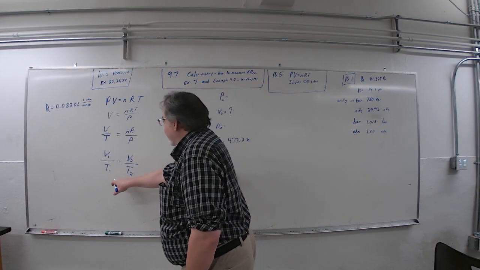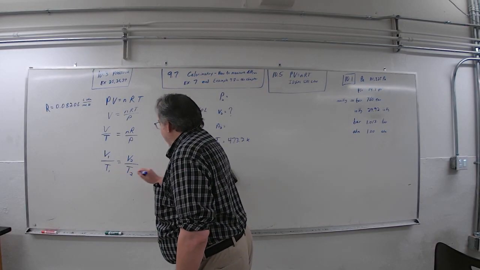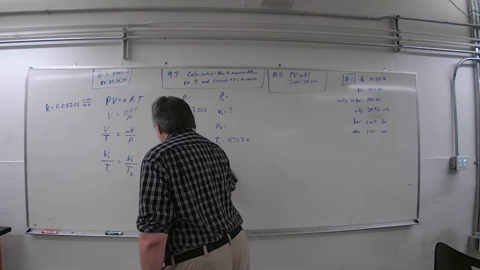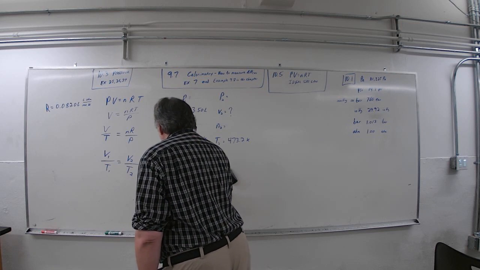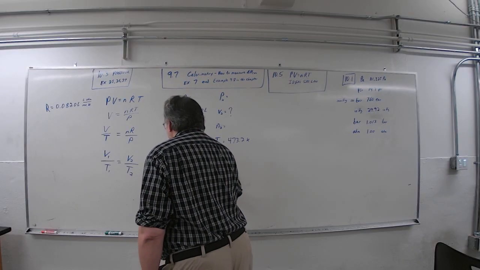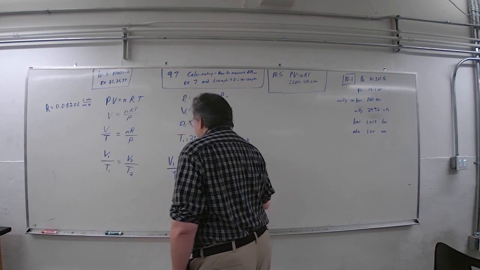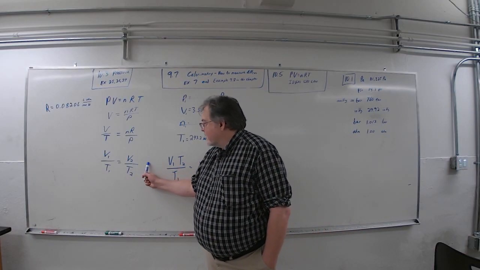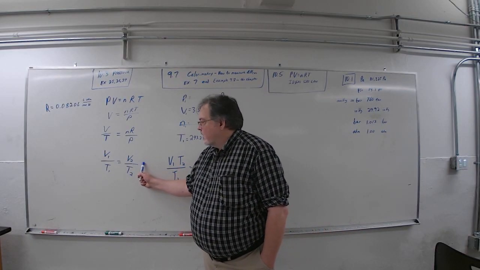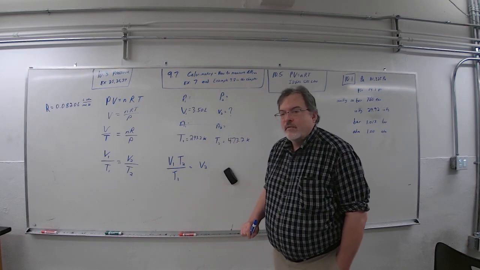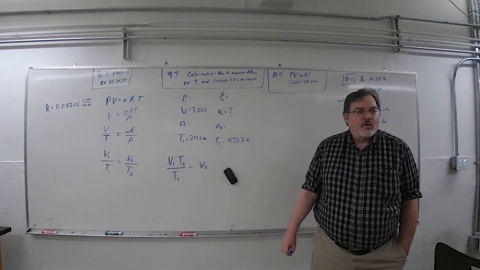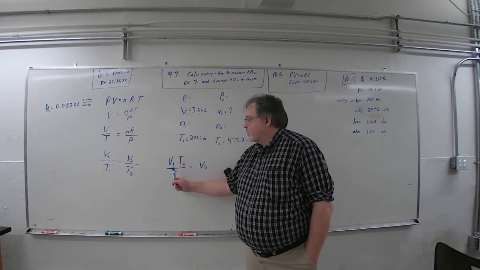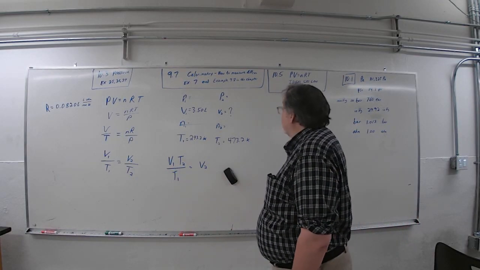So I'll multiply both sides by T2, so I'll have V1 times T2 divided by T1 equals V2. All I did is multiply both sides by T2 to get V2 by itself. Just one more quick step of algebra. You with me? And now I can just plug in those 3 values and solve for V2.